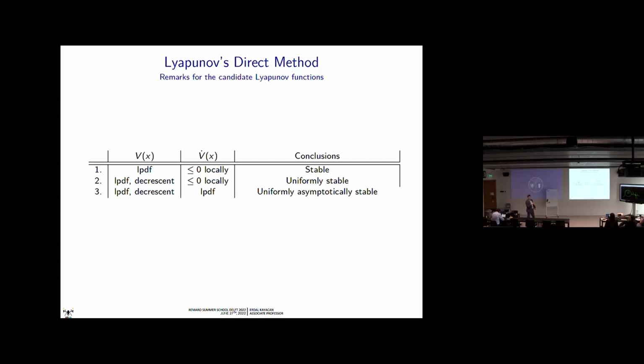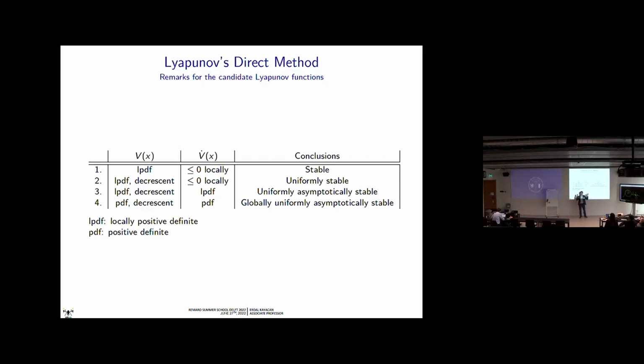Because if it was semi-definite, it was stable. If it was not semi-definite but definite, then we said it is asymptotically stable. And if it is positive definite globally, then we can say globally asymptotically stable. We are more interested in this one.